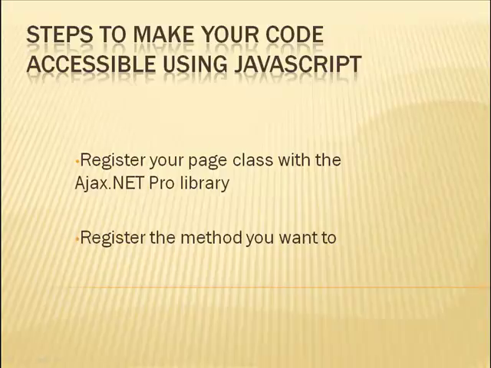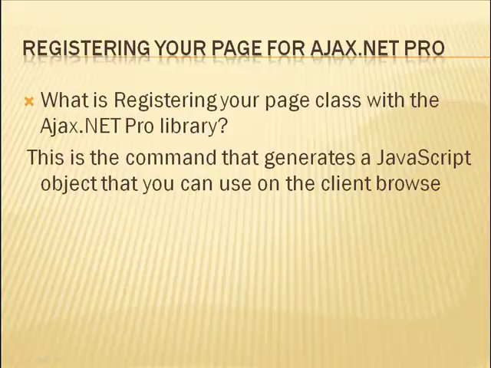The first step is to register your page class with the Ajax.NET Pro library, and the second step is to register the method you want. Now I will briefly explain the two steps. The first step is registering your page for the Ajax.NET Pro library.